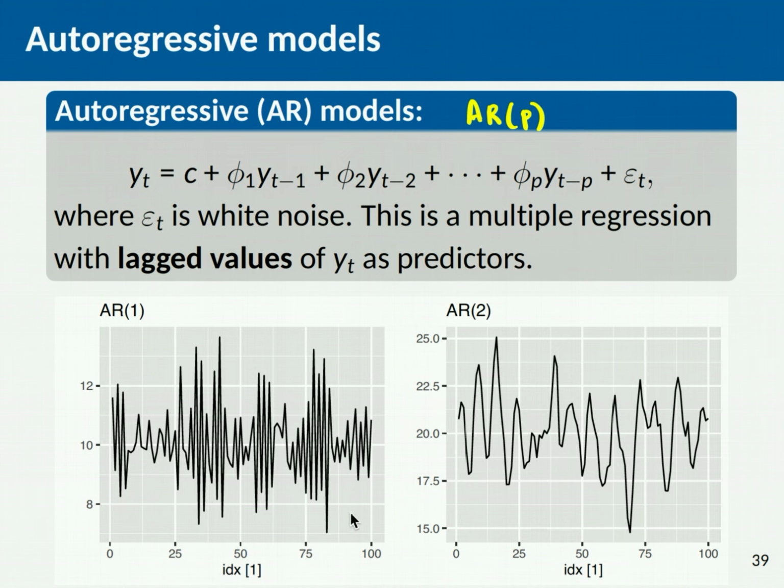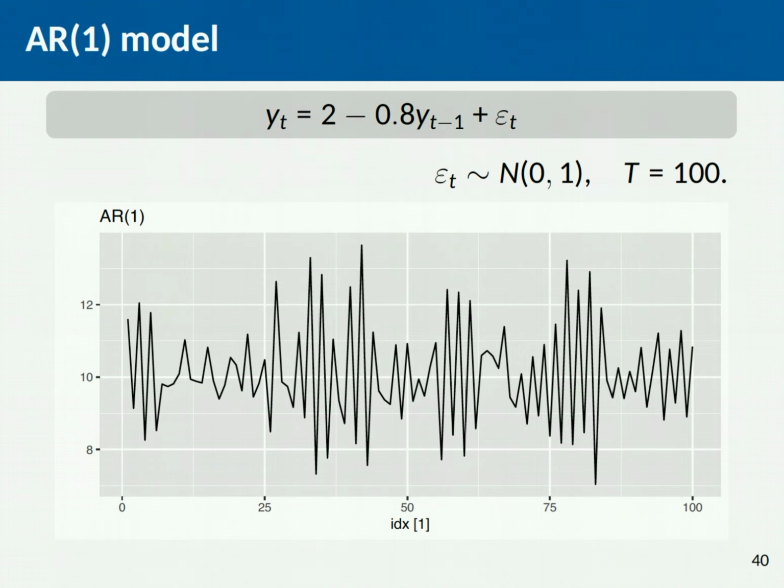So here you have a representation of an AR1 process and an AR2 process, and of course these graphs are going to vary a lot based on the values of phi, which is really controlling the degree of persistence in the data. So here's a process that you can simulate.